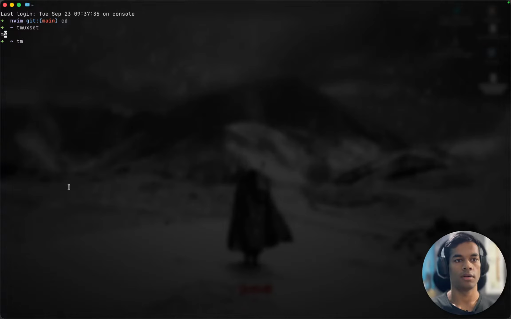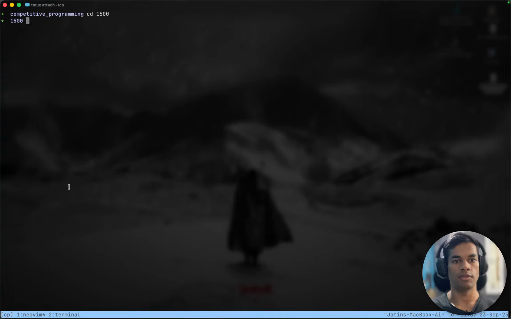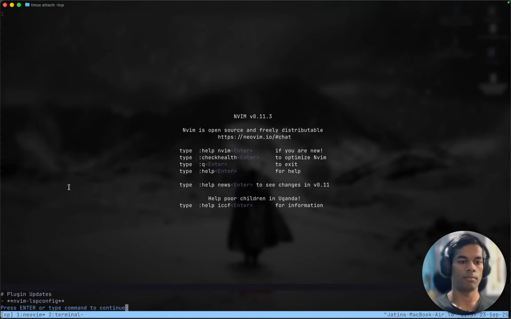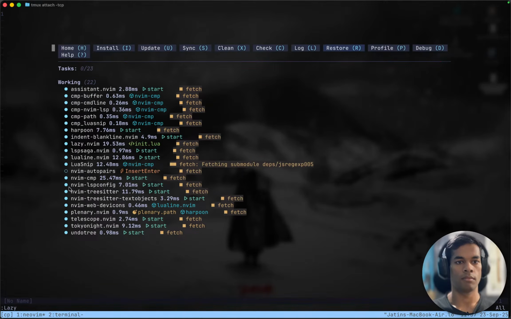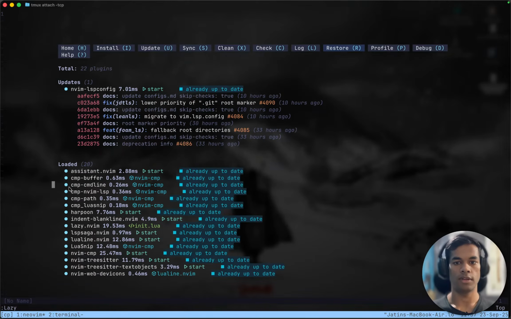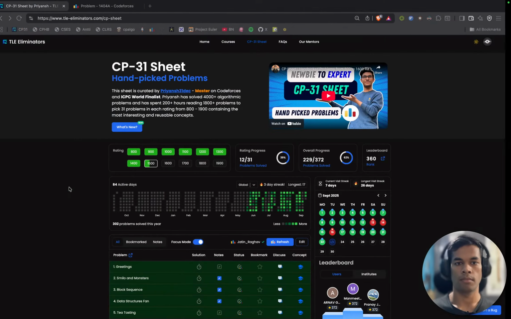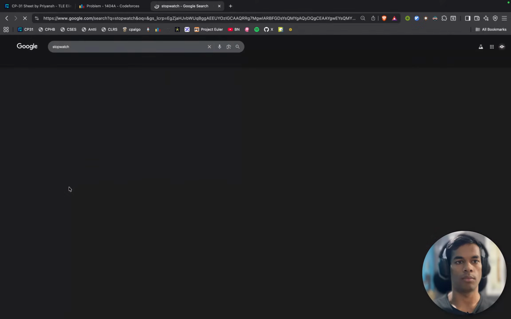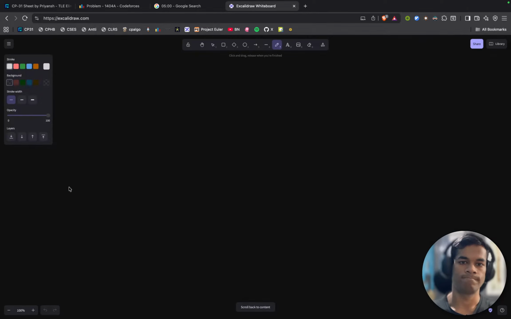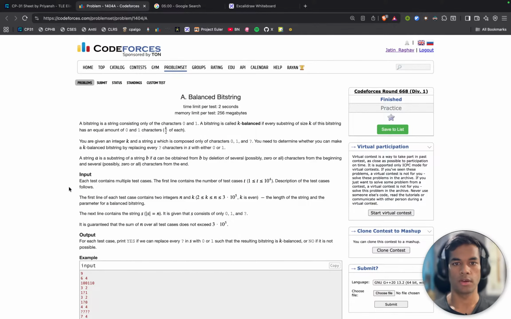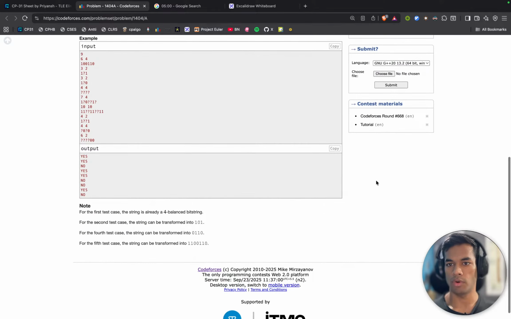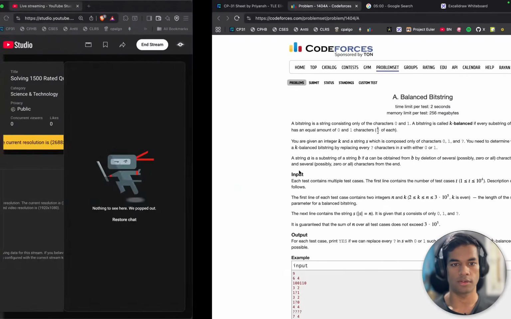Emacs set, Emacs attach, TCP, CD 1500 level. Here also CD 1500 level. Start new vim. Update everything. And also stopwatch and escalator. Cool. Balanced bit string. And also tomorrow is a contest, which is going to be pretty nice.